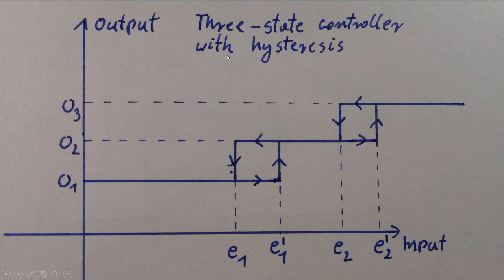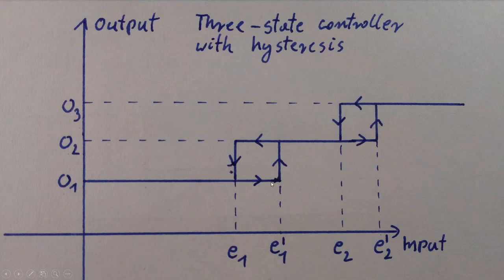Let's take a look at the three-state controller with hysteresis. You may see that a three-state controller with hysteresis is basically two two-state controllers with hysteresis combined. Similar to the two-state controller with hysteresis, let's say we got input somewhere here, it grows, and the output is O1.